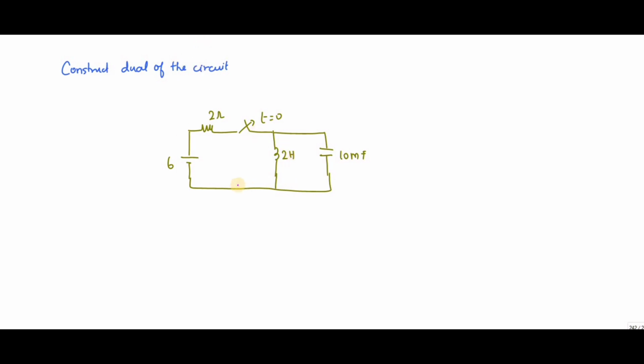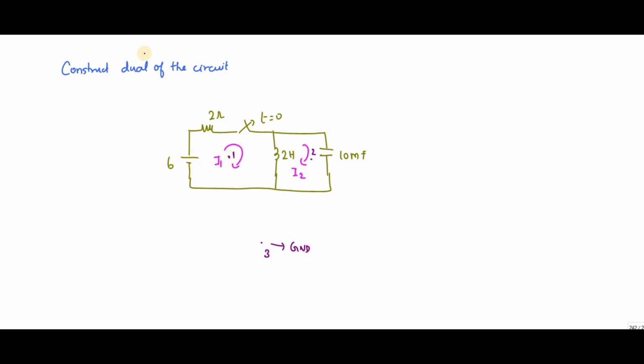If you want to draw the dual, you have to mark the current directions first. This is your I1 and I2. So you have two meshes, right? This is one node, and this is your second node, and you have to give a third node, that is the ground, which should always be outside the circuit. And you have to change the 6 volt into a current source.